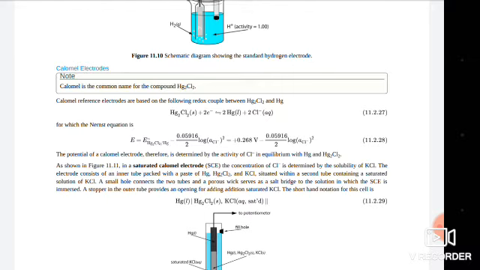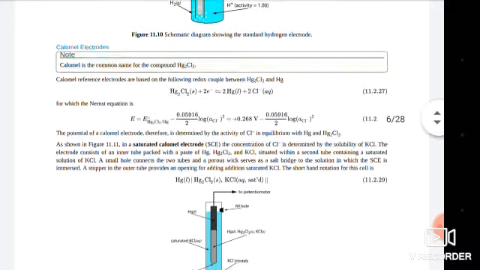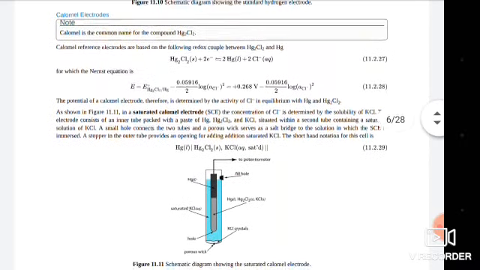So the potential of the calomel electrode is determined by the activity of Cl minus in equilibrium with Hg and Hg2Cl2, as shown in the figure.